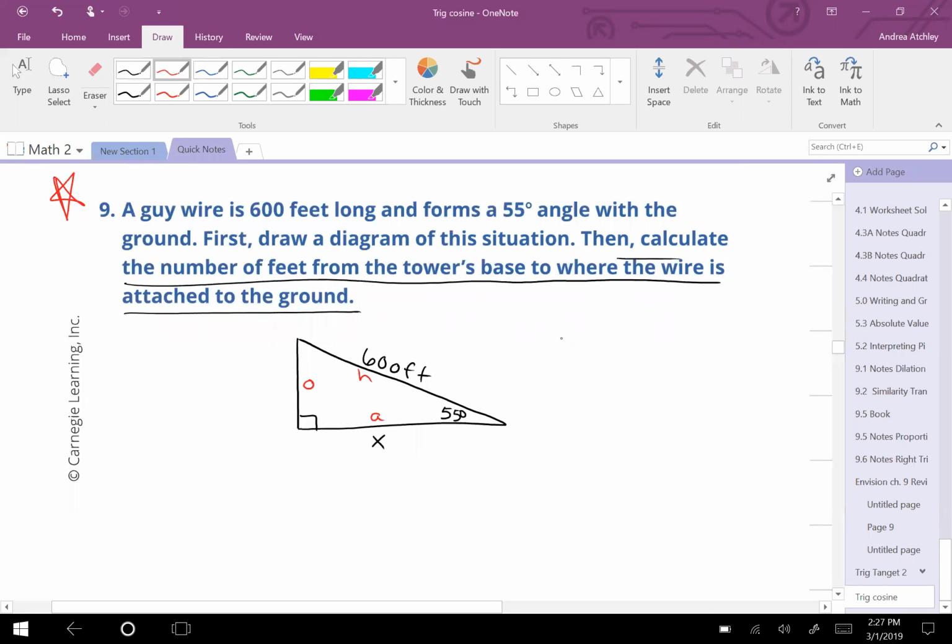So we get the cosine of 55 degrees is equal to the adjacent of X over the hypotenuse of 600.